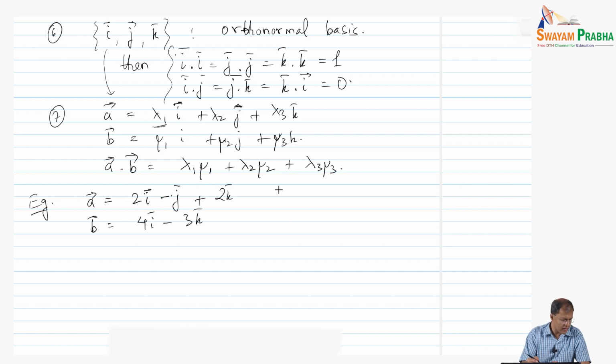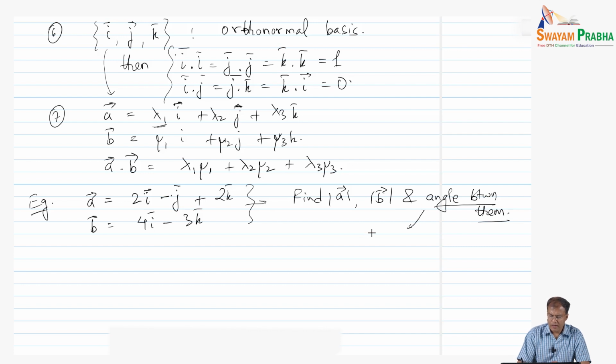Then the problem says find the magnitude of A and the magnitude of B and the angle between them. So when I say angle between them, you have to find theta, which is A dot product with B divided by the magnitude of A times the magnitude of B. Right? So that's the very quick example, and I leave this example at this point.